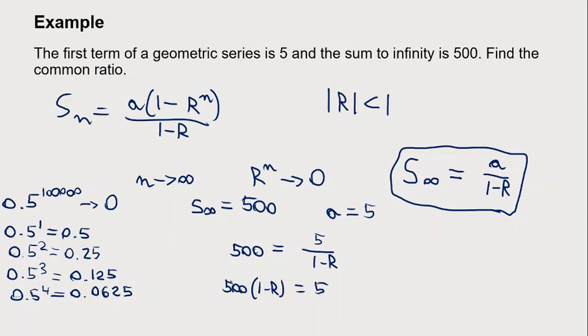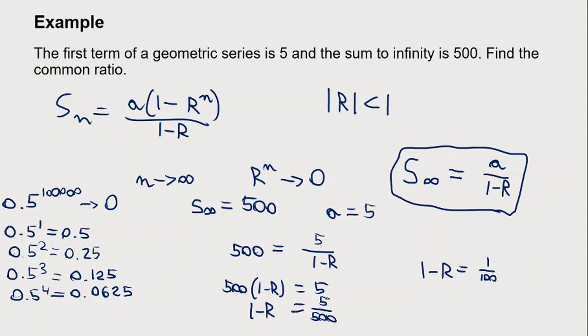What we can do next is bring this 500 to the other side by dividing through by 500. So 1 minus r stays on the left, and on the right you have 5 divided by 500. In other words, 1 minus the ratio is 1 over 100.